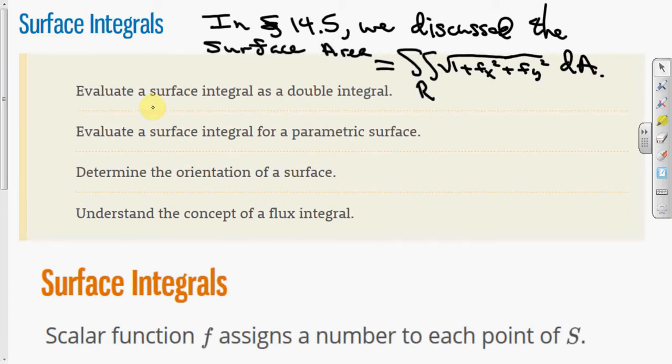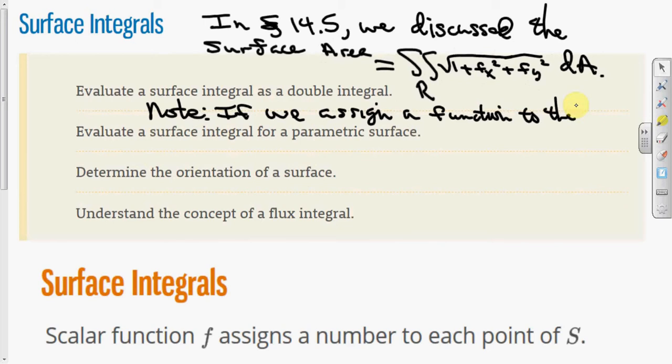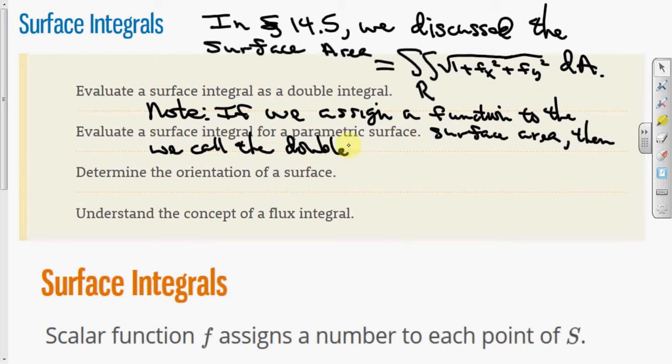So note, if we assign a function to the surface area, then we call the double integral the surface integral.